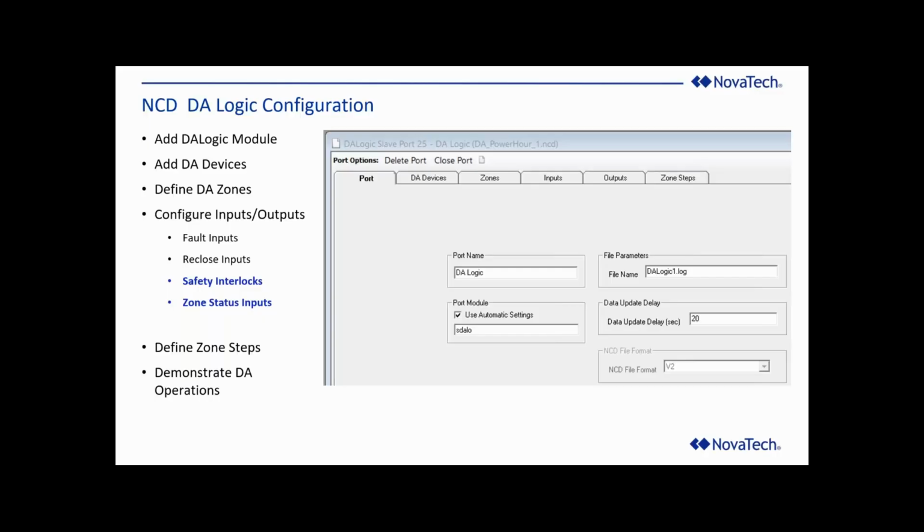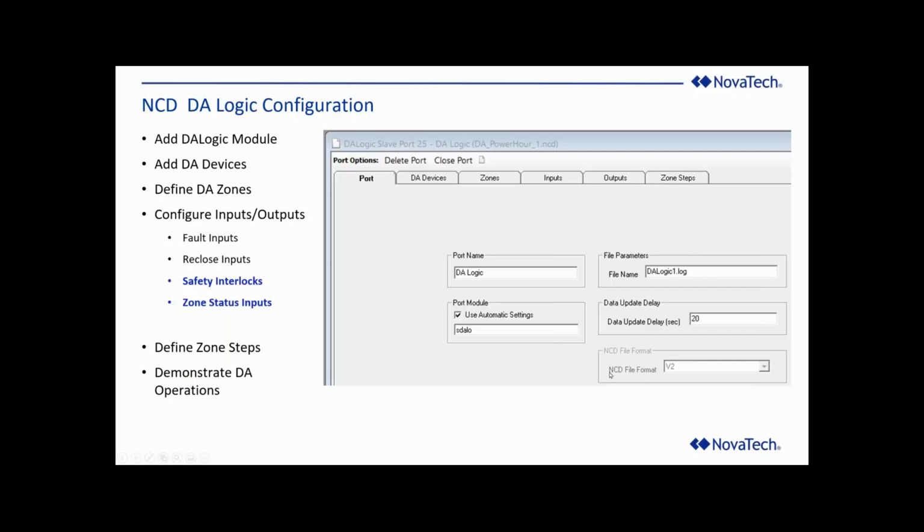But if you're using a slow radio system that's using 9.6 baud radio, then it may take a while to poll all of your devices and collect the information that you need from the devices. So you may want to have an update delay of closer to 60 seconds to be able to collect all of the information after a DA integrity poll, so that you have all the information that you need to analyze the system.